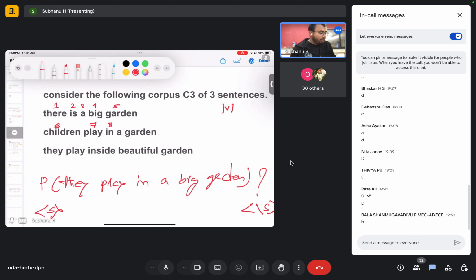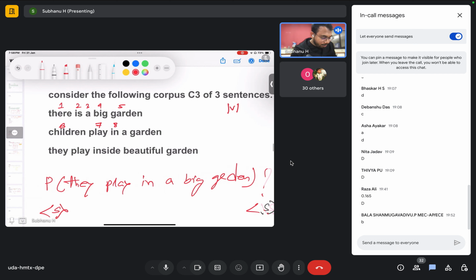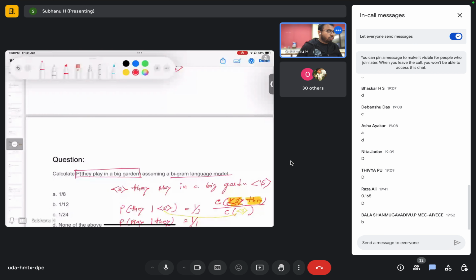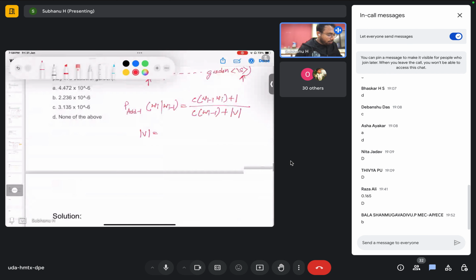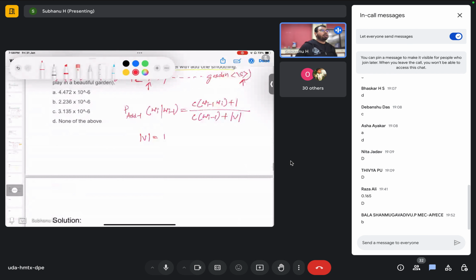"A" and "garden" are repeated, so I'm not counting them again. 8, 9, 10 is repeating. "Inside" is not repeating. 11 is "beautiful". So mod V is 11. Is it clear? We have calculated this, so mod V is 11. Now we have to calculate the other thing.